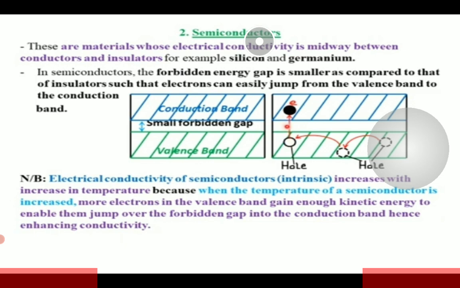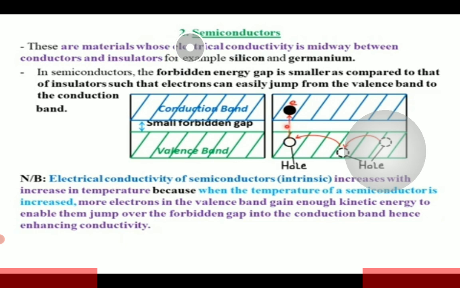So heat and electricity cannot flow through such materials. And we also looked at why. The reason is their forbidden gap is very large, such that electrons cannot freely move from the valence band, where there are lots of electrons, to the conduction band, where there are few or none.